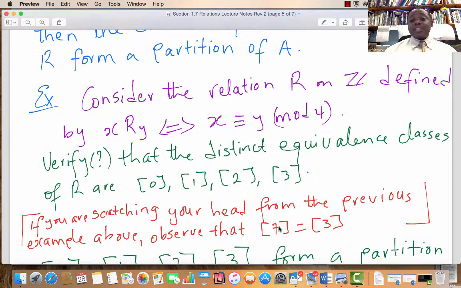Well, you realize when you find the equivalence class of 3 that it is actually the same as the equivalence class of 7. And when you find the equivalence class of 4, you realize that it is actually one of these, and then the cycle repeats. And the distinct equivalence classes are 0, 1, 2, and 3.